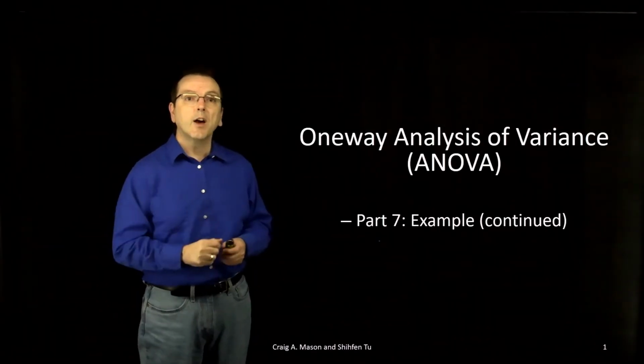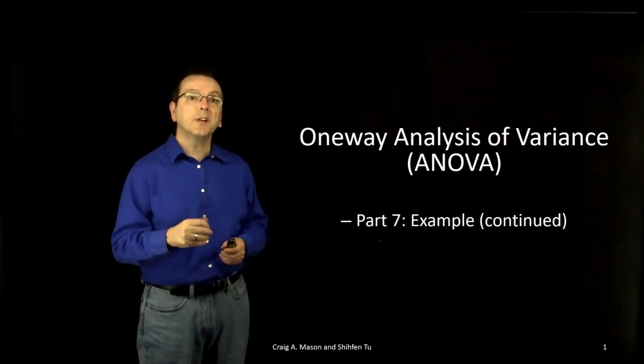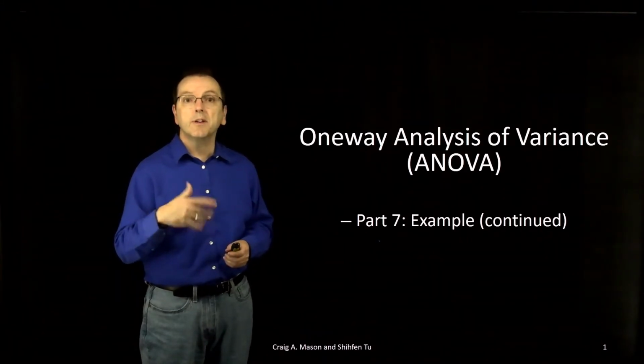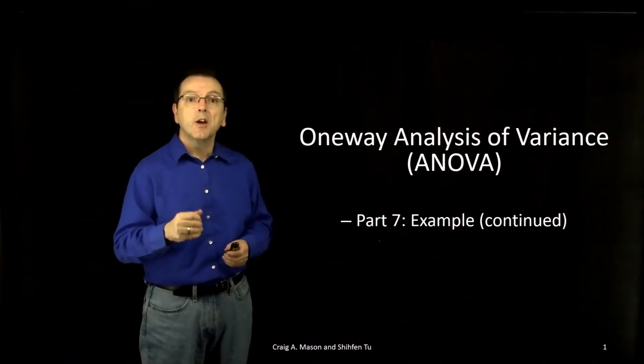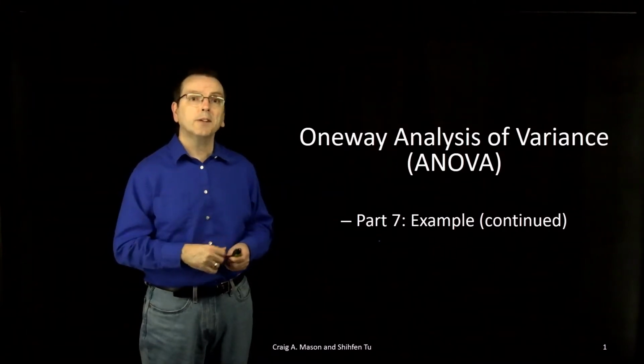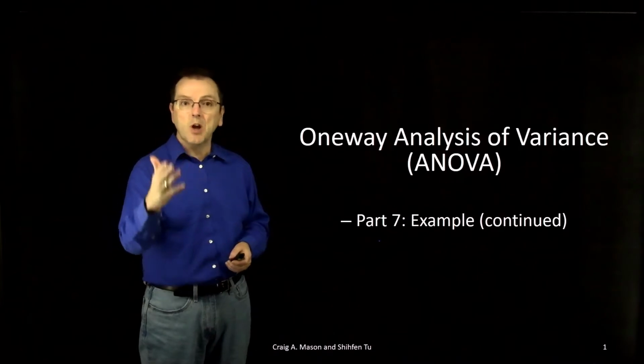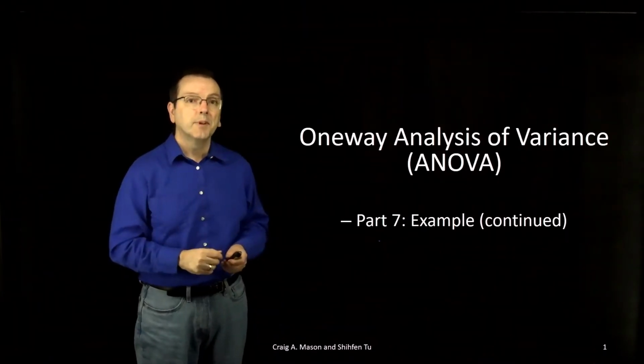In our last video, we began our example using a one-way analysis of variance to test whether there were differences in mean ratings for hamburgers across three different chains: Burger King, McDonald's, and Burger Shot.